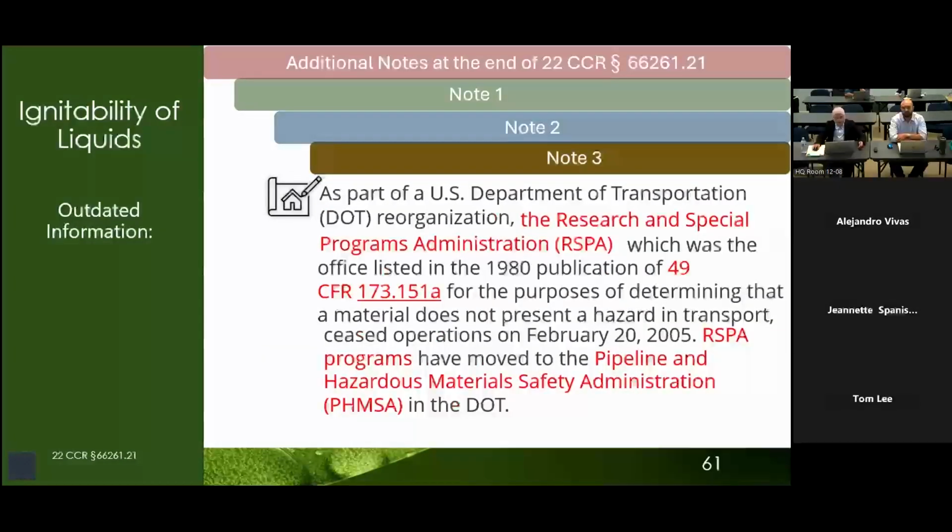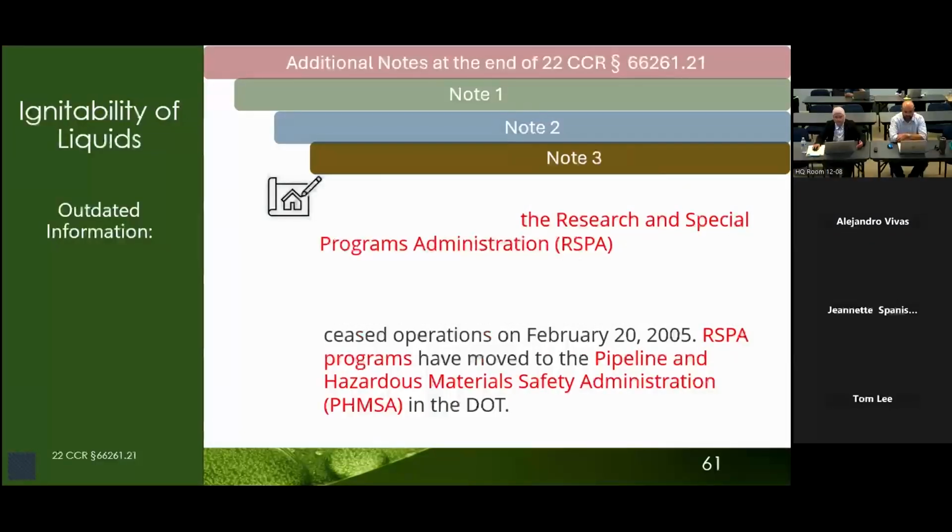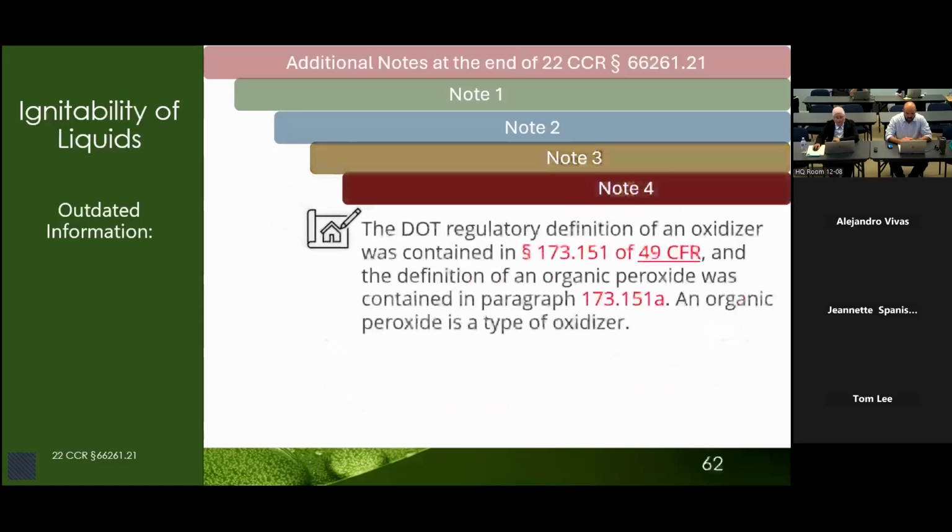Note 3 is also providing similar information like Note 2, where it details that the program ceased operations in 2005 and also has moved to another program under the USDOT. It has been approximately 20 years since these changes occurred. Therefore, this historical information, which is provided by these additional notes, is no longer necessary to understanding the regulations.